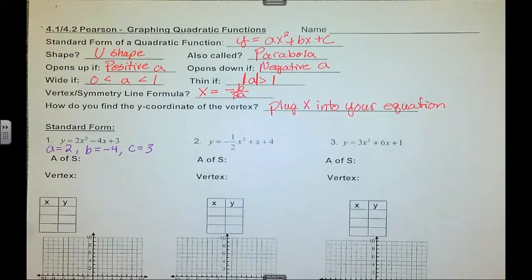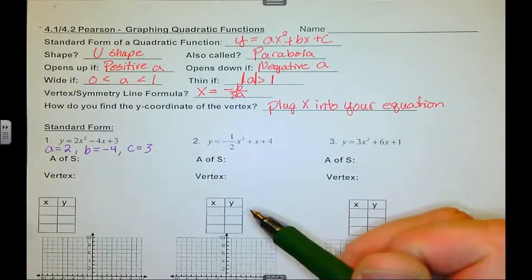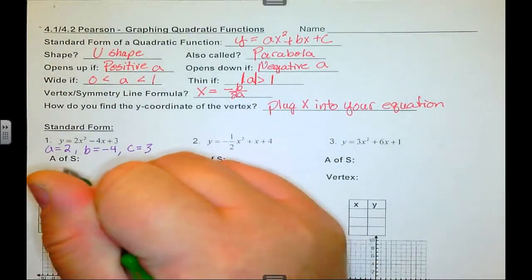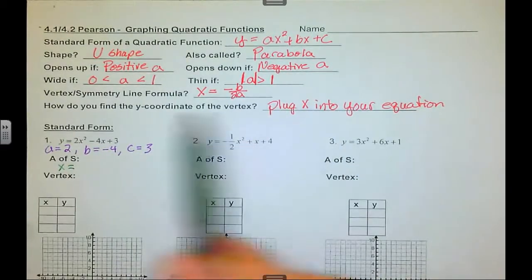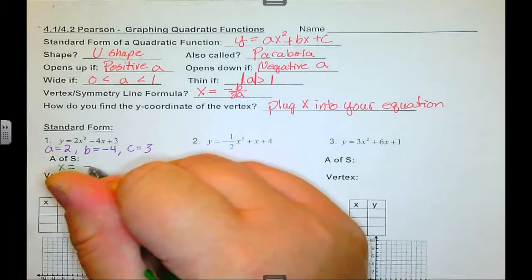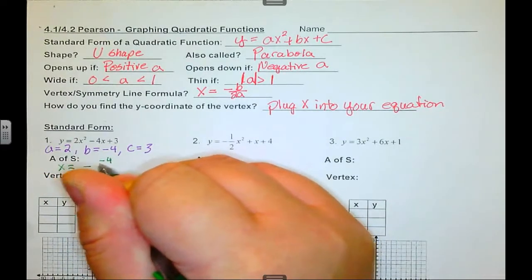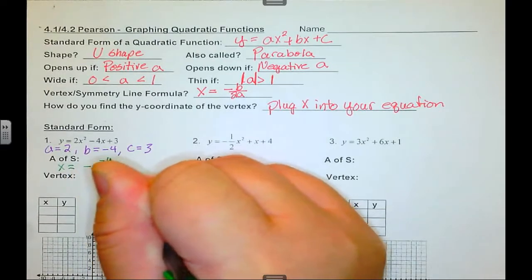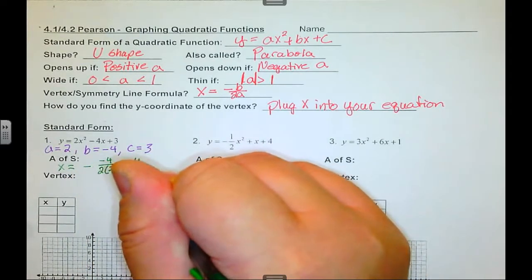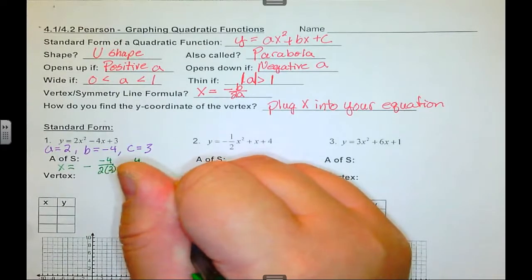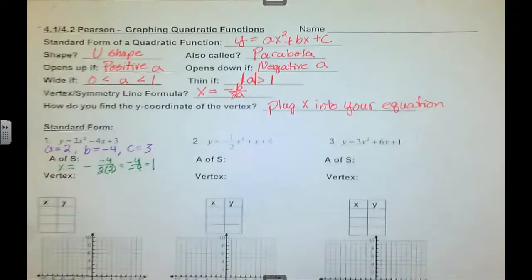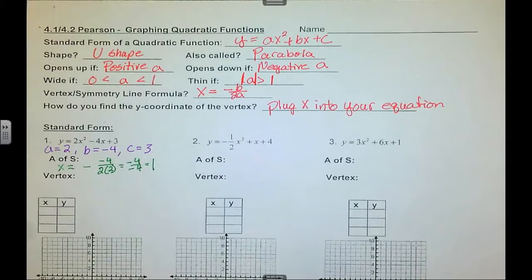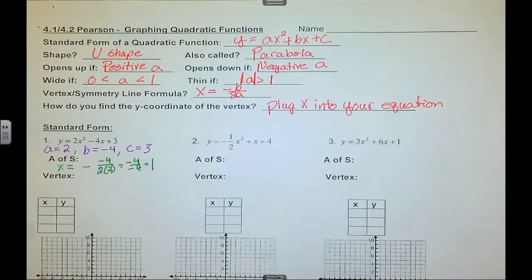So my x value is going to be negative b, my b is negative 4, divided by 2 times my a, which is 2. So I have negative 4 over negative 4, which is 1. So that's my axis of symmetry, by the way, x equals 1.